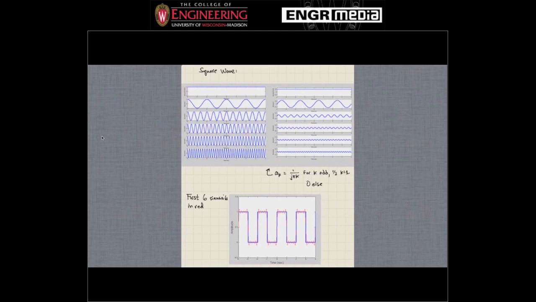The same plot on the left that we saw on the last screen, but on the right now are the same sinusoids, except scaled by the amplitude and phase required to represent the square wave. So we just saw this, right? And the complex amplitude A_k is like 1 over j pi k. Okay, and that's only for odd values of k.